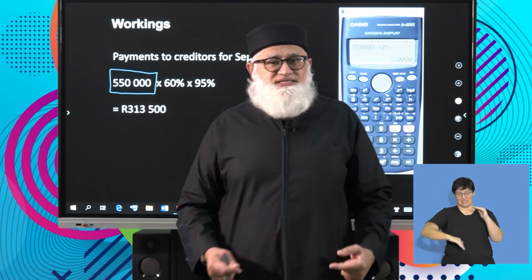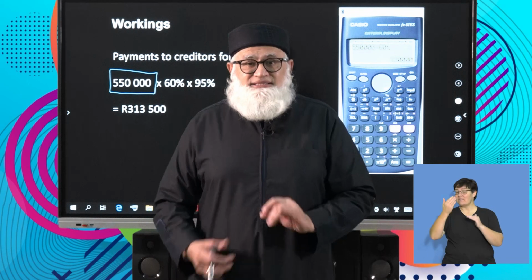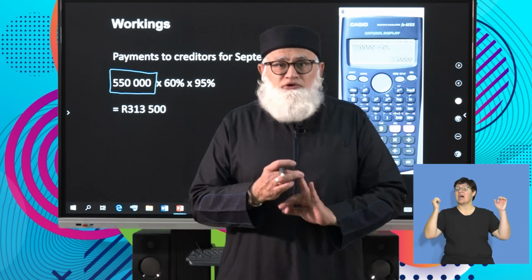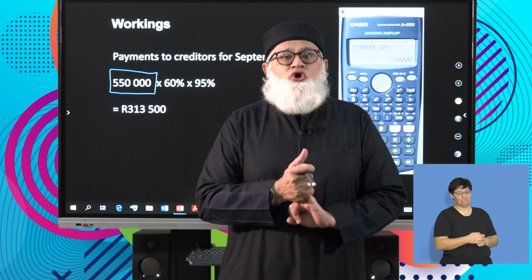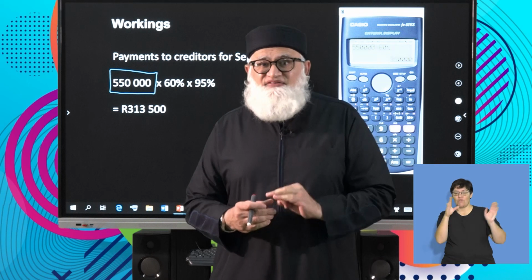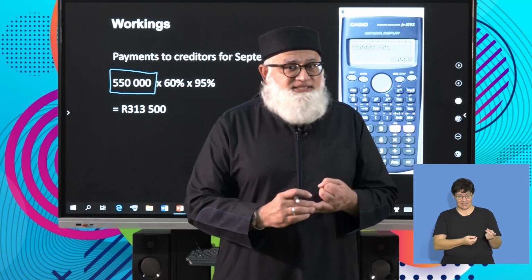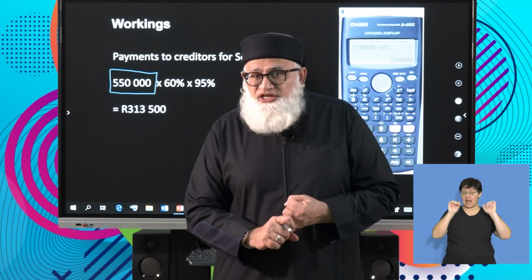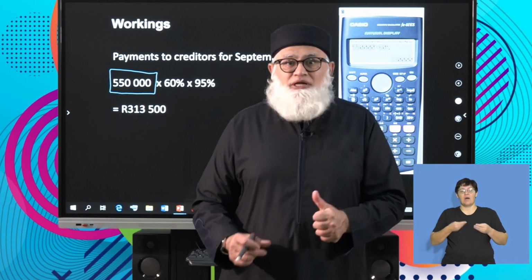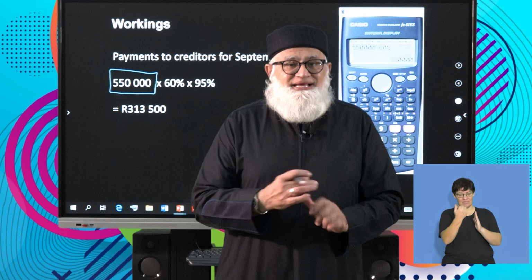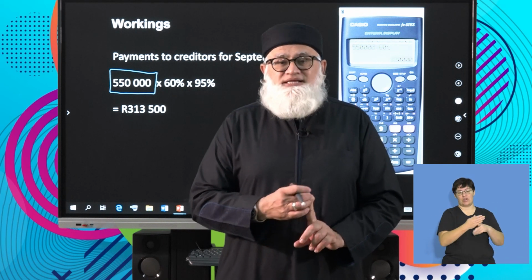Remember, discount allowed and discount received do not feature in my cash budget. Reason: they are non-cash items. However, discount allowed and discount received will feature in my projected income statement. Discount allowed as an operating expense and discount received as an operating income. Okay, that was just by the way, but important.